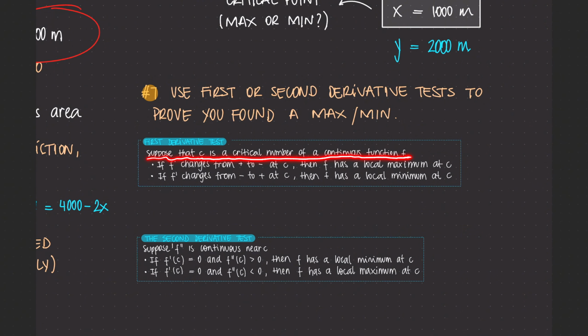If f prime, the derivative, changes from positive to negative at c, meaning that before c it is positive and after c it is negative, then f has a local maximum at the critical point c. Now if it changes from negative to positive, then f has a local minimum at c.